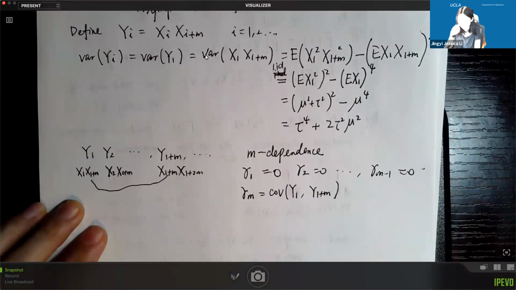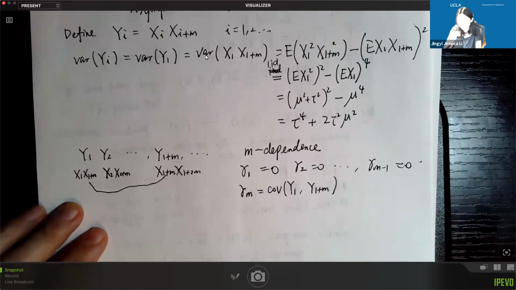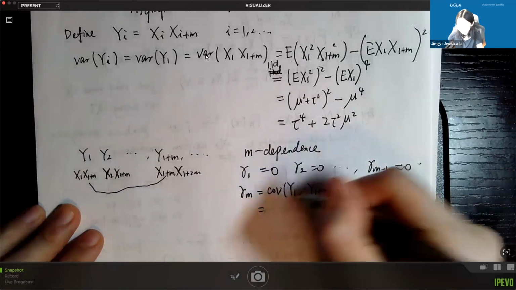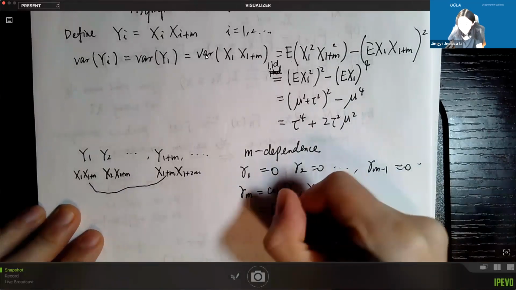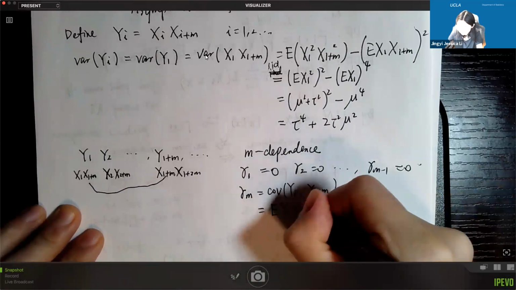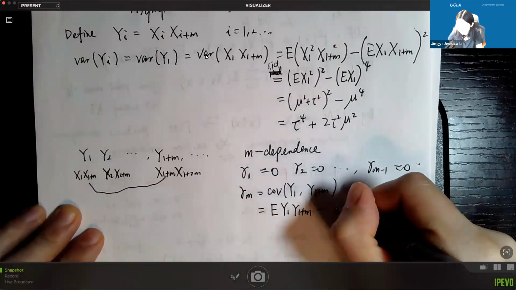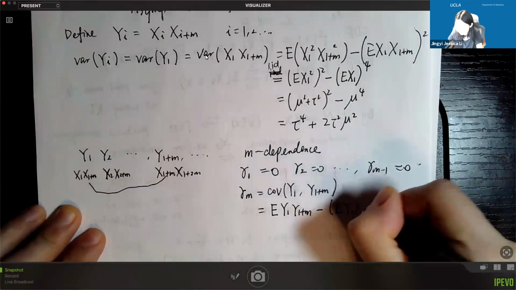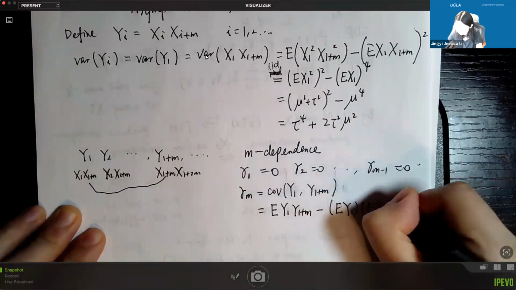For this one, if I want to derive their covariance, I will still go back to the original definition, right? So the covariance can be written as the expectation of y1 times y1 plus m, minus the product of the expectation of y1 times the expectation of y1 plus m.